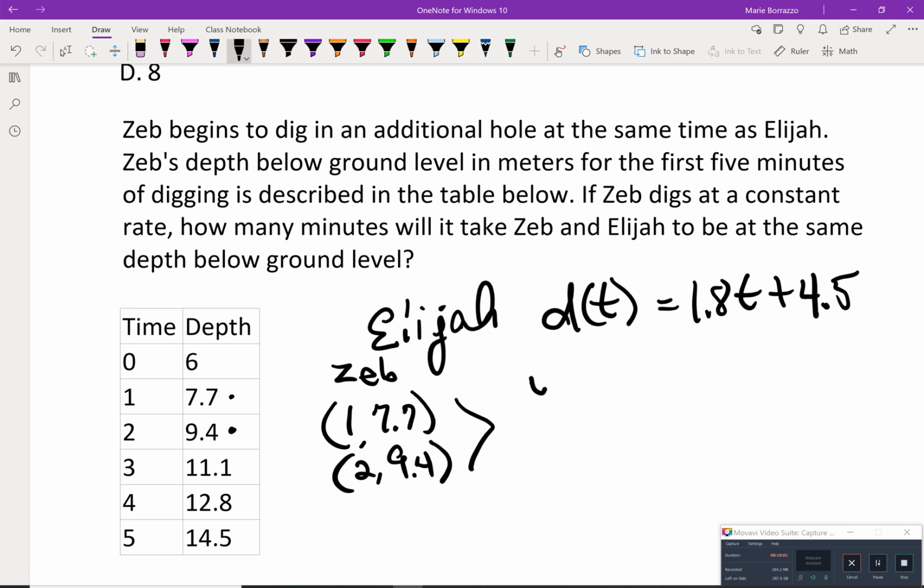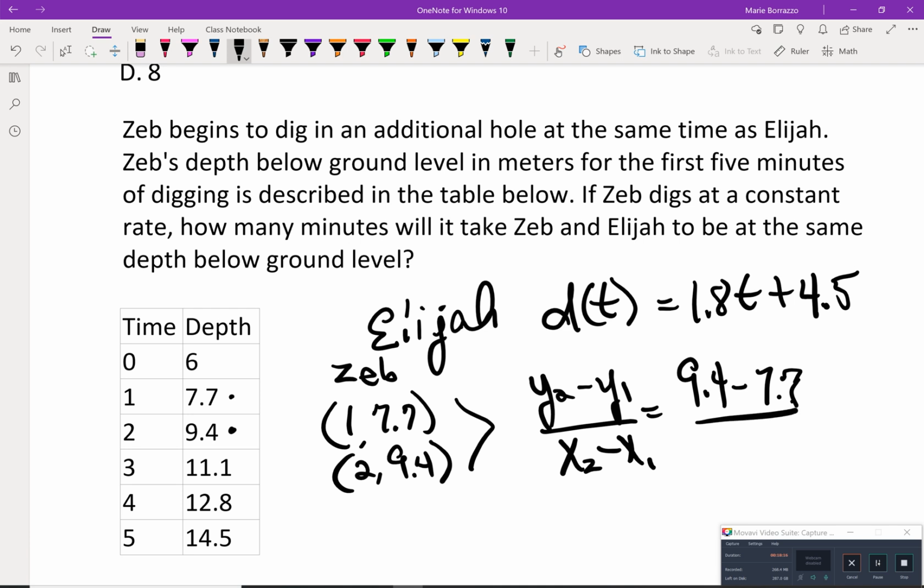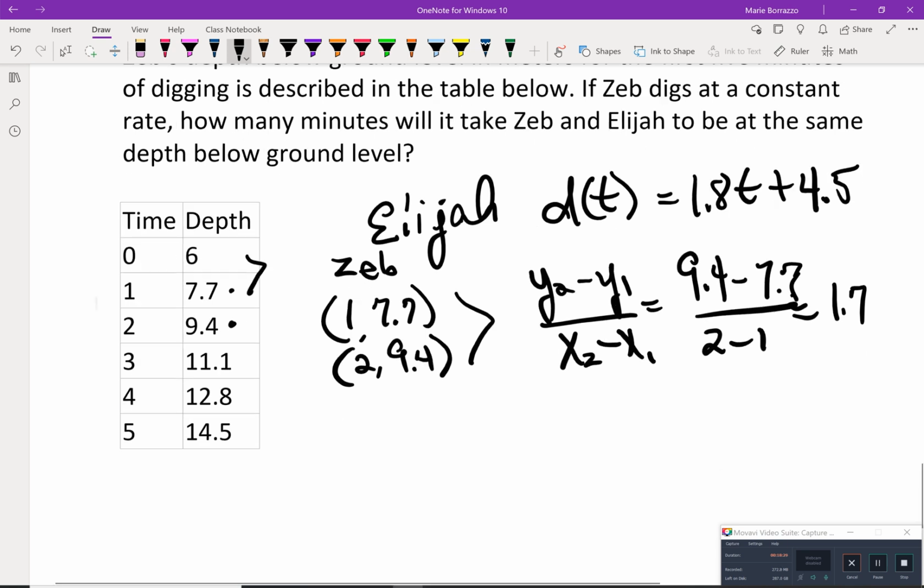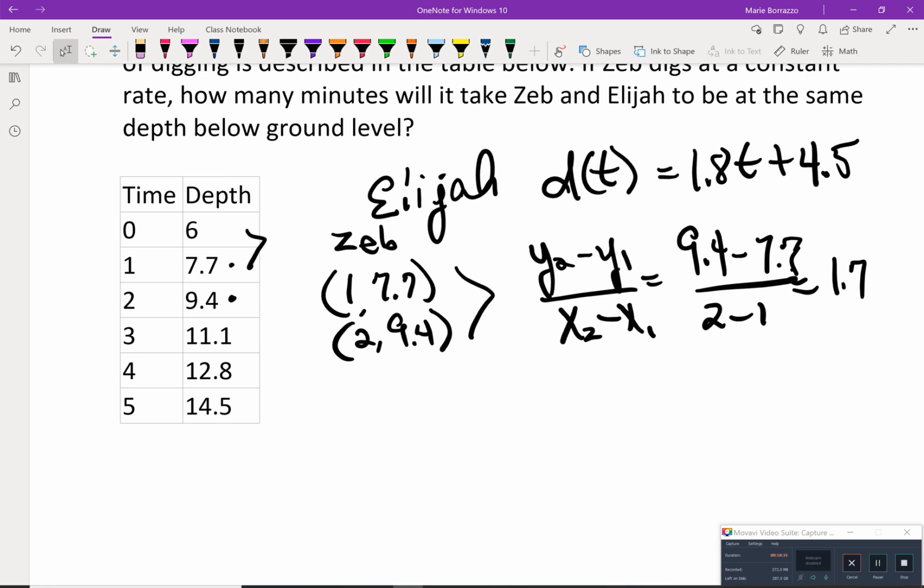If we use the slope formula, y2 minus y1 over x2 minus x1, this gives me 9.4 minus 7.7 over 2 minus 1. So the slope is 1.7. You kind of already knew that, because if you subtracted these two for their difference, you would have known.